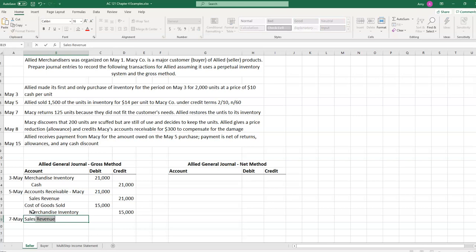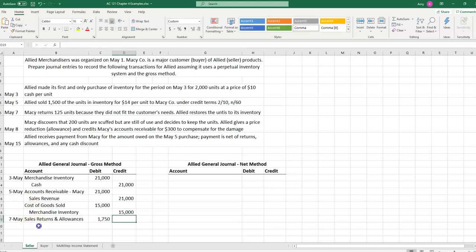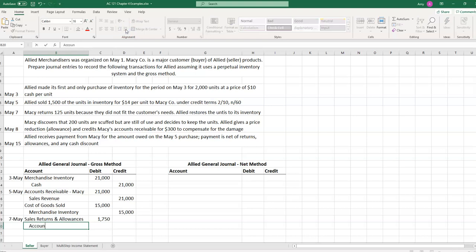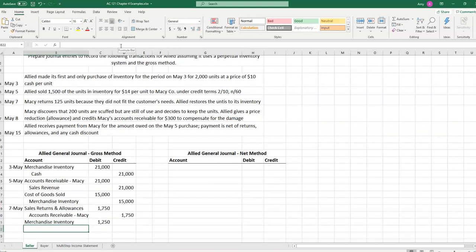Sales revenue has a contra account called sales returns and allowances. Then we reduce their accounts receivable for the same amount for those 125 units. Now we need to restore our inventory for the cost of inventory and reduce our cost of goods sold.